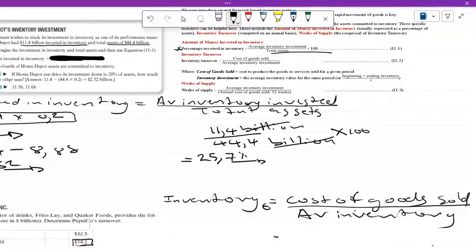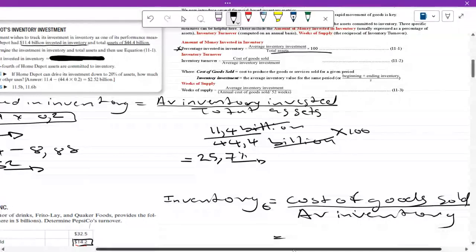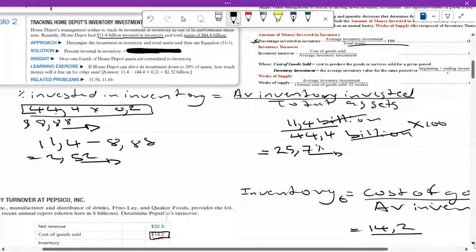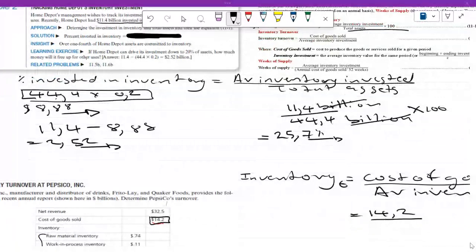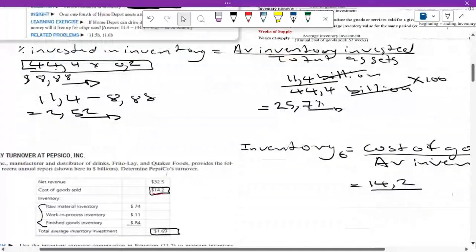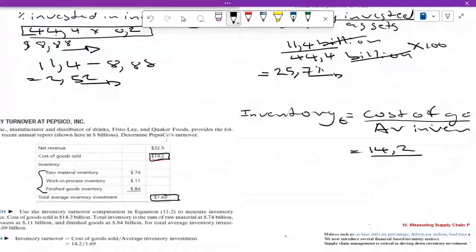Your cost of goods is 14.2, over your average inventory, 1.69.